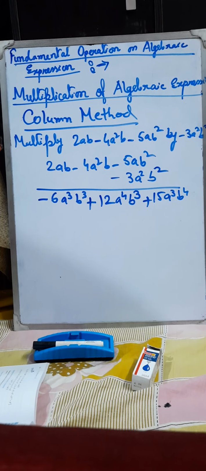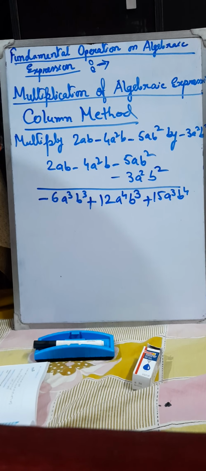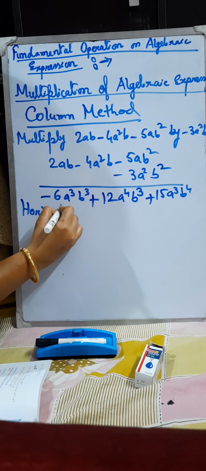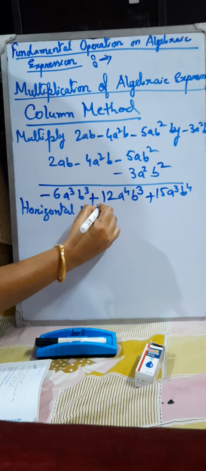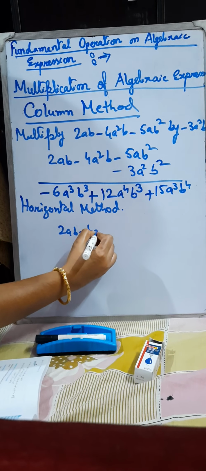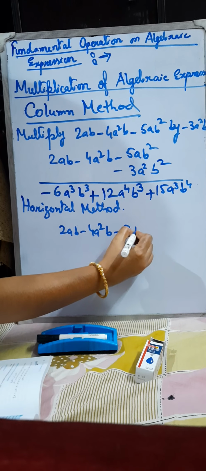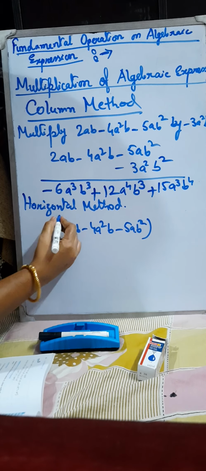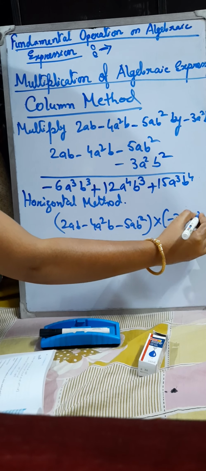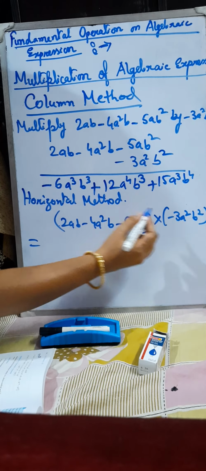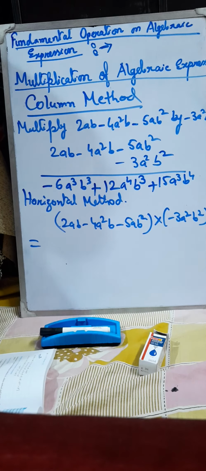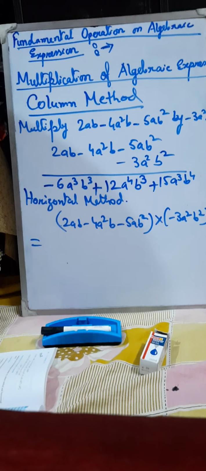If we do it by the horizontal method, what do we do? I will take the same example: ab minus 4a square b minus 5ab square multiplied by minus 3a square b square. You can do the same thing horizontally, each part multiplied by minus 3a square b square.